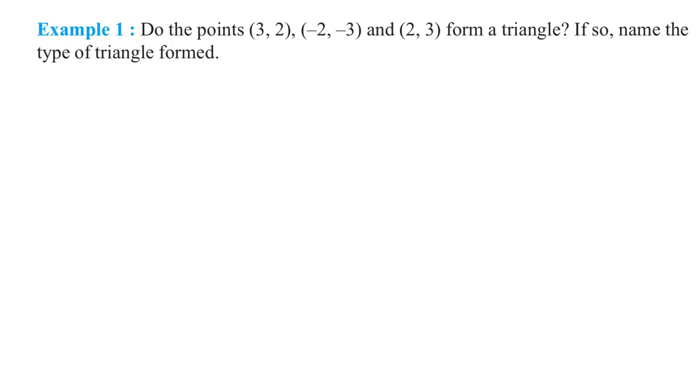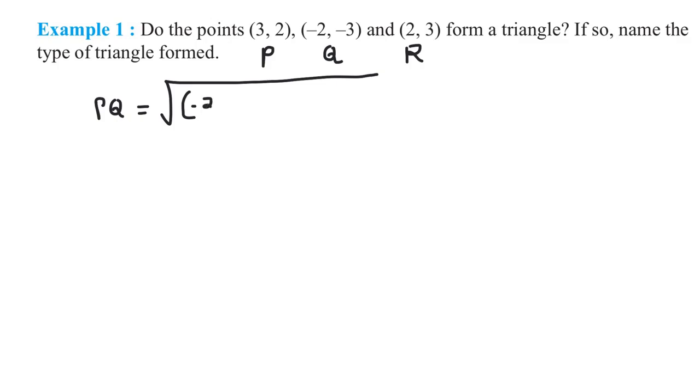So, in this question we need to find the distance between 2 points, taking 2 at a time. Let us label the points as P, Q, R. Let us label this as P, this point as Q, and this as R. Can we figure out the distance PQ? Apply the distance formula: square root of x2 minus x1 the whole squared. What is x2?